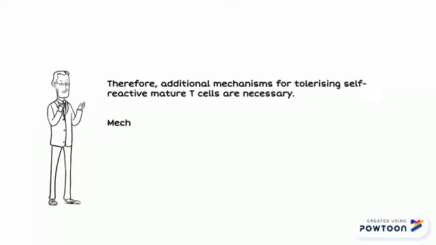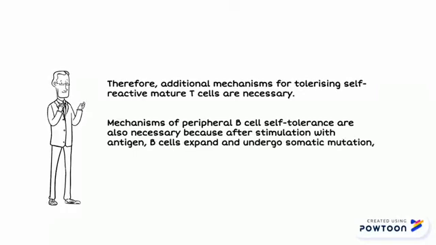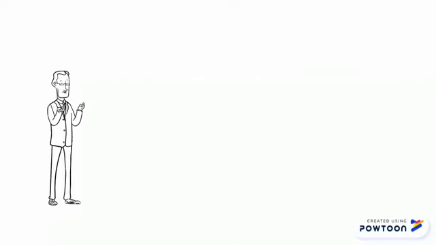Mechanisms of peripheral B cell self-tolerance are also necessary because after stimulation with antigen, B cells expand and undergo somatic mutation, generating a population of B cells with new antigen specificities. Some of these cells may be specific for self-antigens.